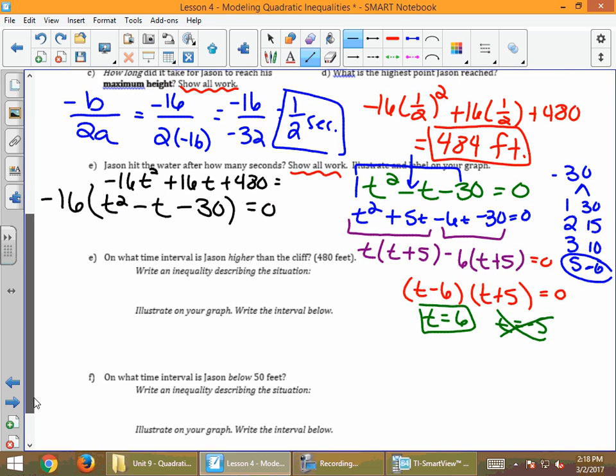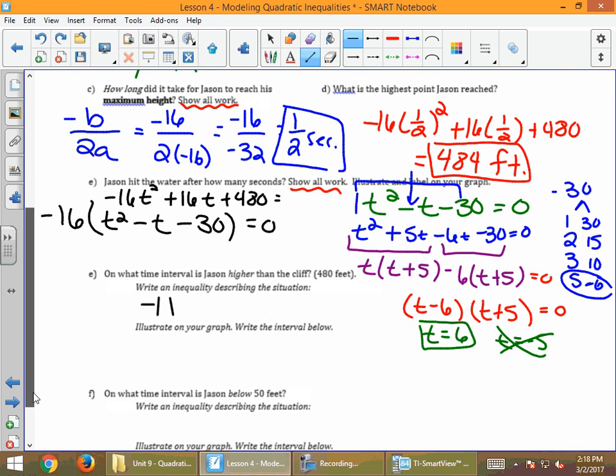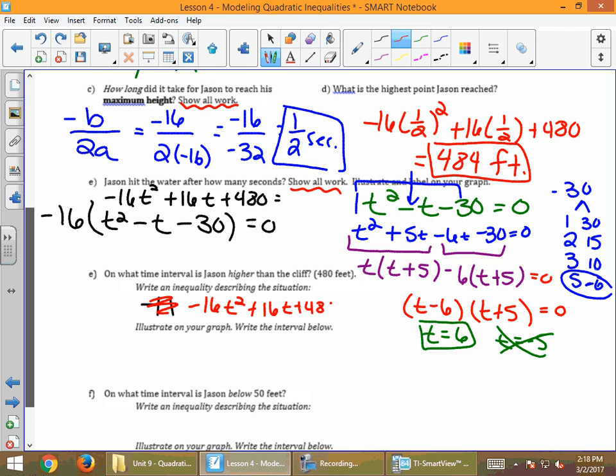So you're going to take the function. And if we're going higher than 480 feet, are you doing greater than or less than? Greater than 480. More than that. That's right.